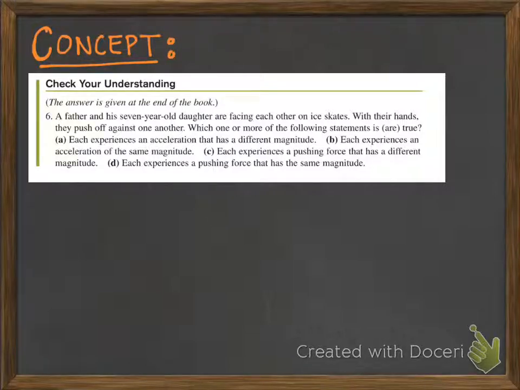That might be, because they both have different masses, therefore different accelerations. B: each experiences an acceleration of the same magnitude. Not necessarily. D: each experiences a pushing force that has a different magnitude. We know that for sure is not, because the definition of Newton's third law is that they have opposite direction but equal magnitude. So that just shows that D is the correct one.